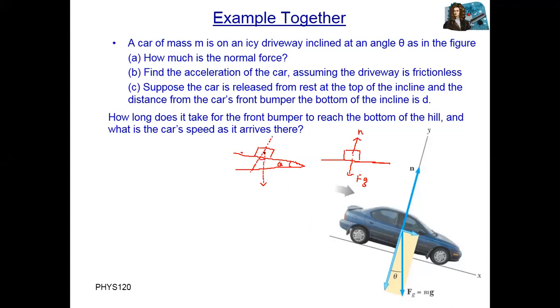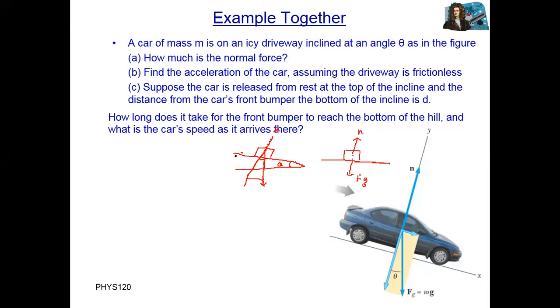Now we have weight, this is gravitational force, and this one is normal force. The gravitational force makes an angle with the normal force. So now we need to find the horizontal component and vertical component.